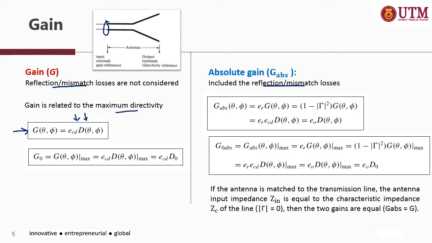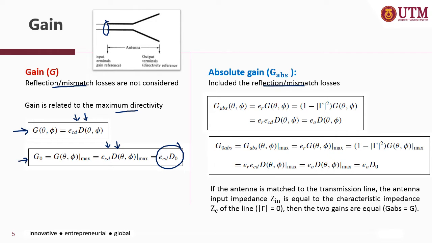So for maximum gain, G naught is equal to the radiation efficiency multiplied by maximum directivity, or the equation can be simplified to ECD multiplied by D naught, the maximum directivity.